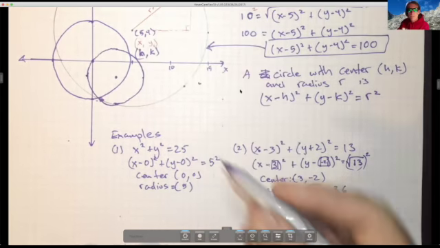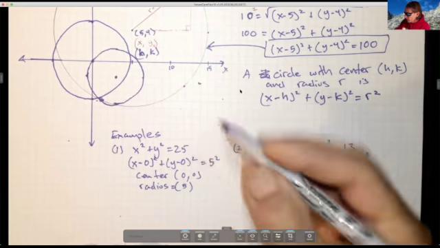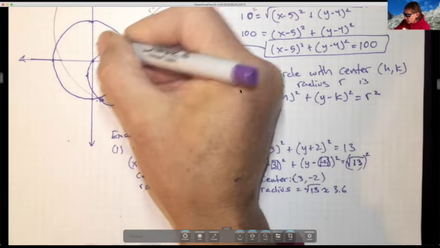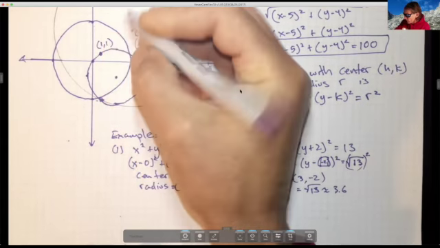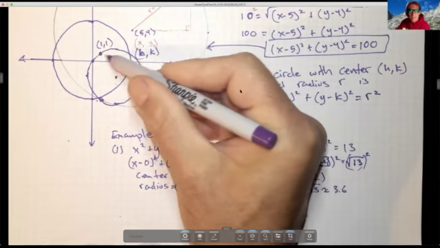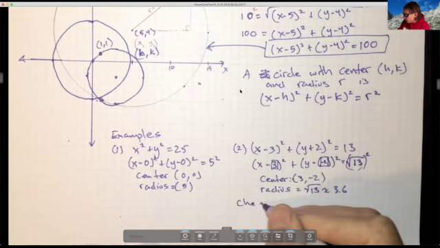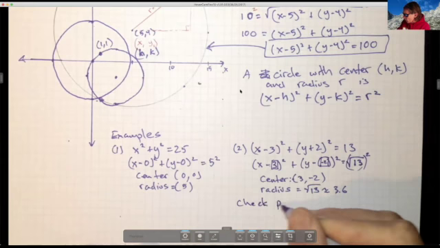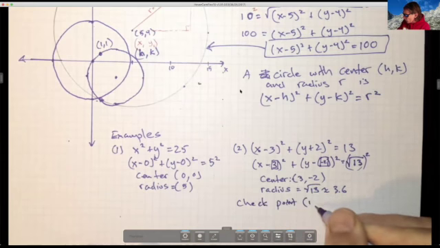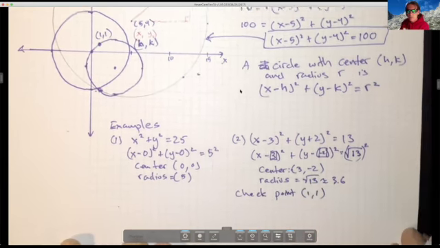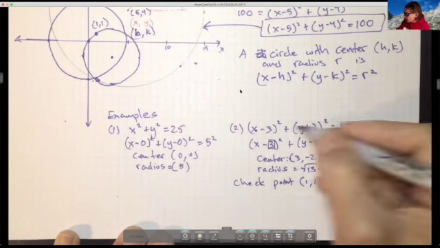One thing we can do is we might wonder if a point is on the circle. So I'm looking at this point. This is point 1, 1. And it looks to me like it's on the circle, but I may not have drawn that in perfectly. So if I want to check a point, I'm going to check point 1, 1 to see if it's on the circle. So I would plug it into this equation.